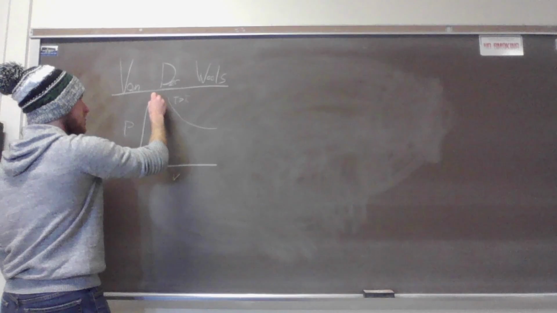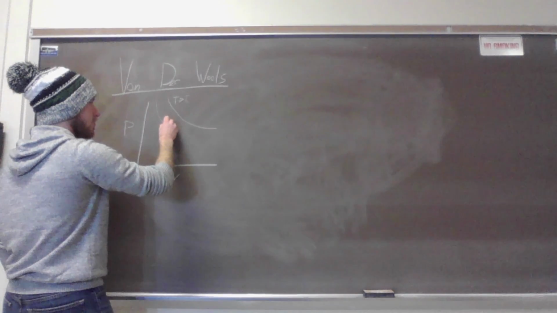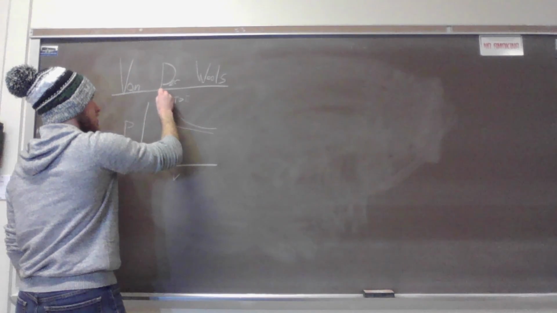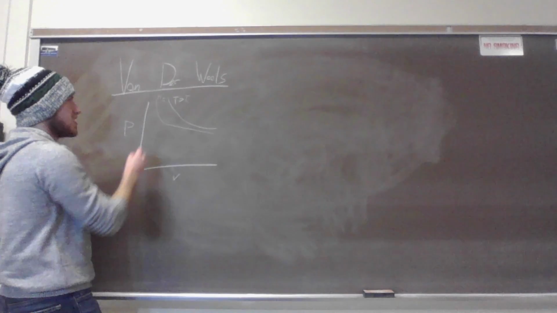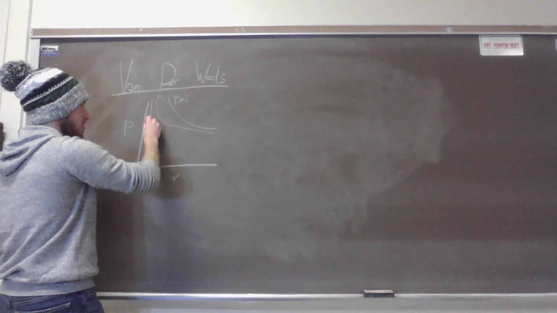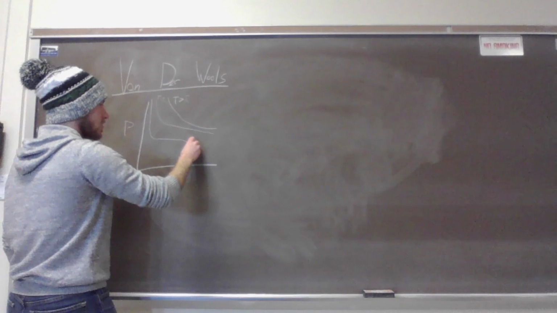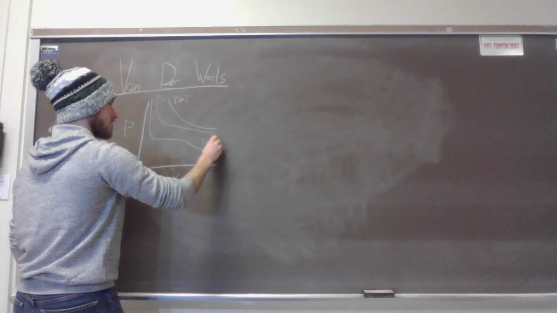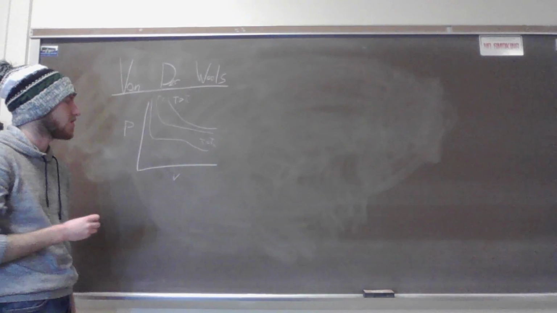Right here we'll have a pressure curve at the critical point, T is equal to Tc. And here is a final isotherm that is below the critical point temperature, T is less than the critical temperature. As you can see, they behave slightly differently depending on their temperature.